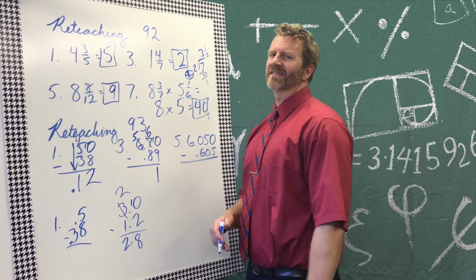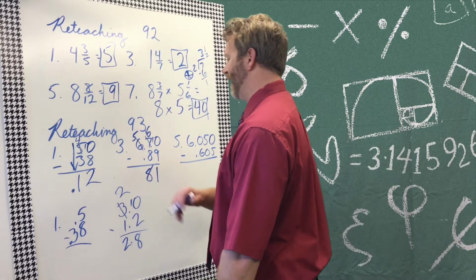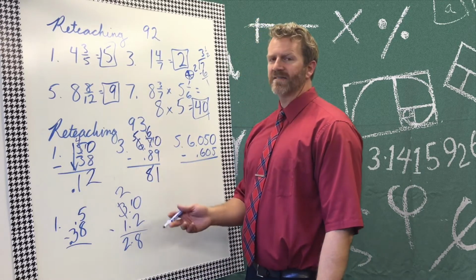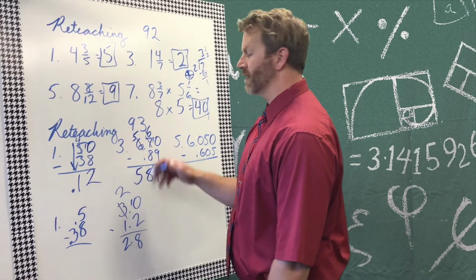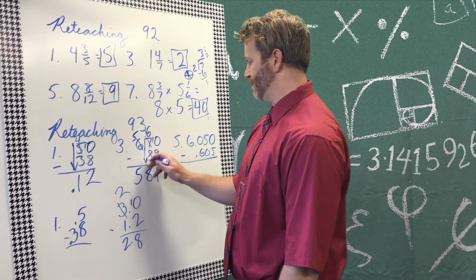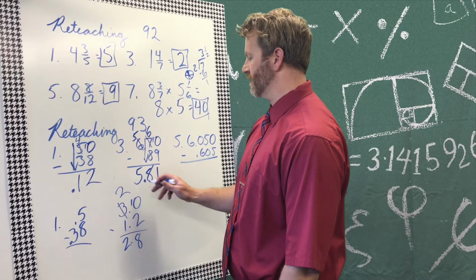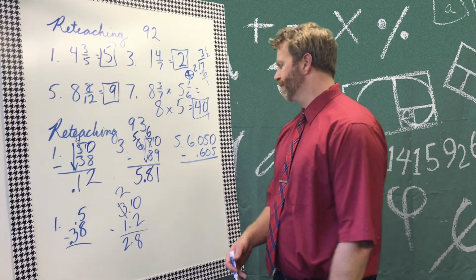Now, Cadence, what's 16 minus 8? There you go, 8. And then 5 minus 0, pretty easy, right? 5. Now, Cadence, what do we got to do with that decimal? Go ahead and yell it out real loud. Bingo, got to put it right straight down. So 5.81, not too bad, right?